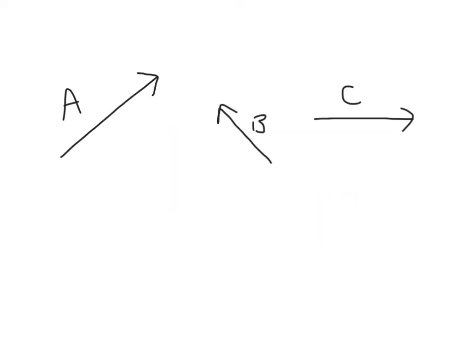Okay, so now let's add three vectors that have an actual magnitude and direction to figure out what the answer would be. I have vector A, vector B, and vector C. So if you were ever given these three vectors on a sheet of paper, what you would have to do first is figure out how long they are and what direction they're pointing in.